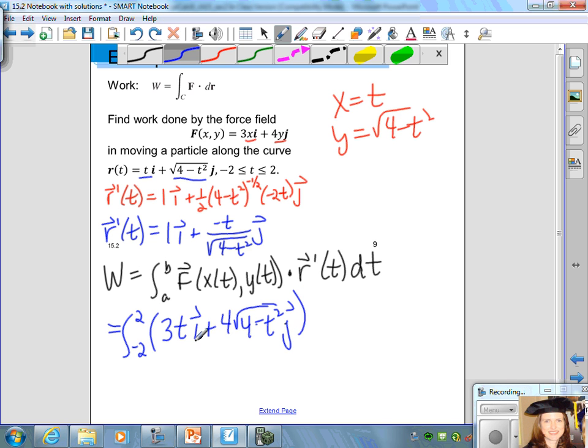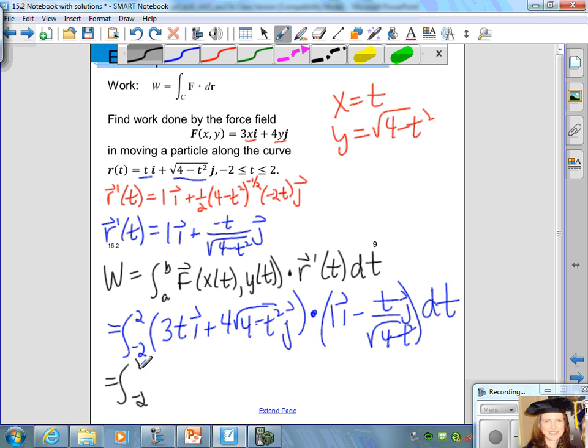Okay, so that's your f vector, and you're going to dot that with your r prime of t vector, which I've calculated here, is 1i minus t over the square root of 4 minus t squared j, and all of that times dt. Let's simplify this. When you find the dot product, you multiply the corresponding components. Let's multiply 3t times 1, and that gives us 3t.